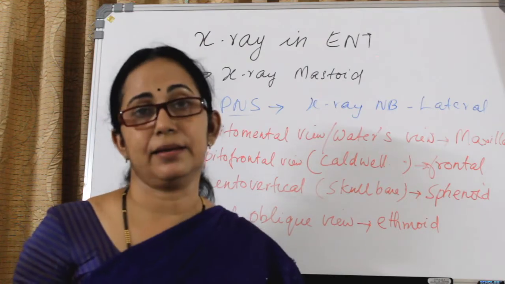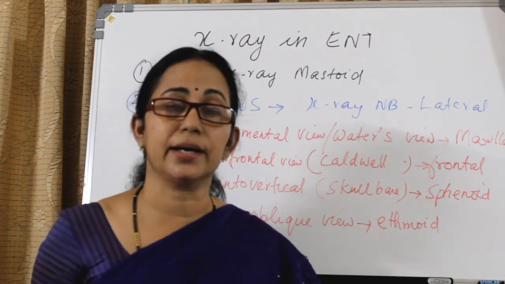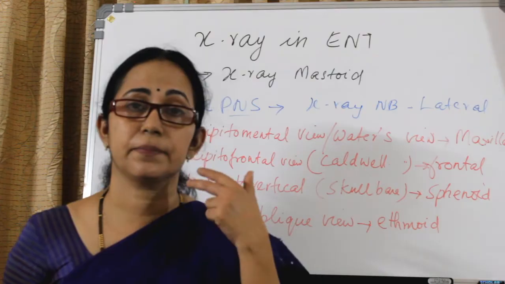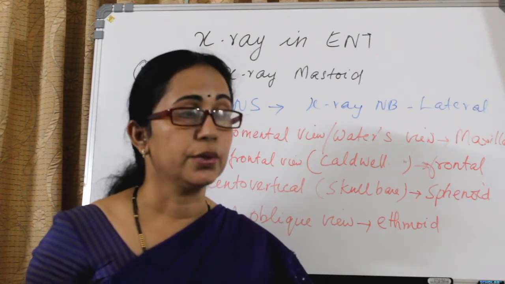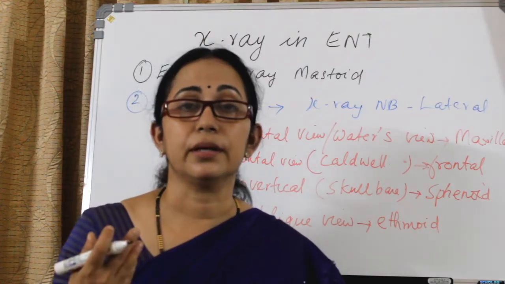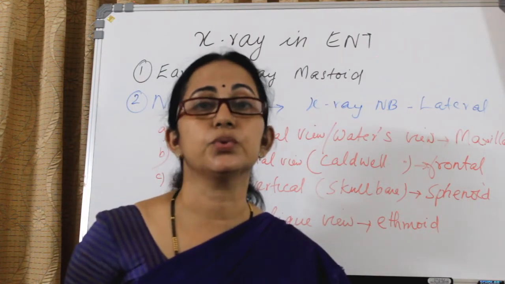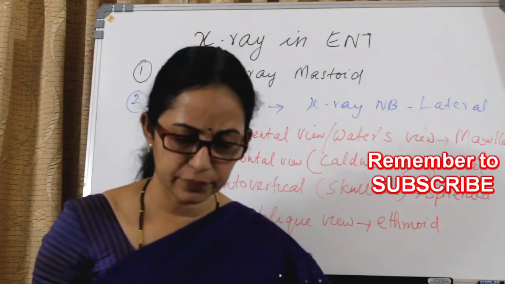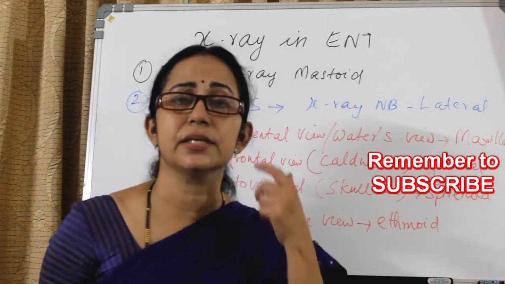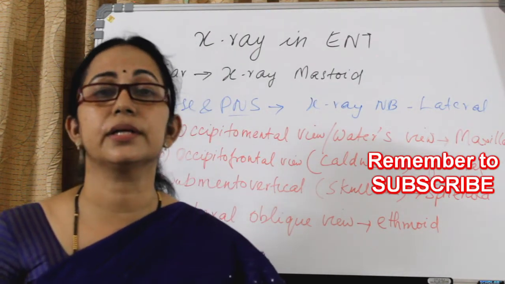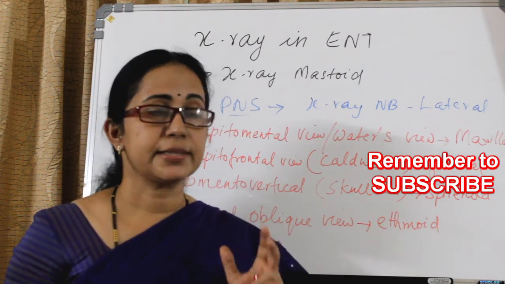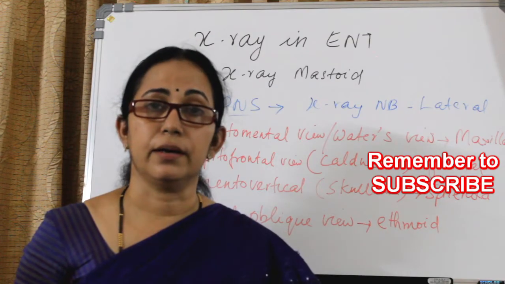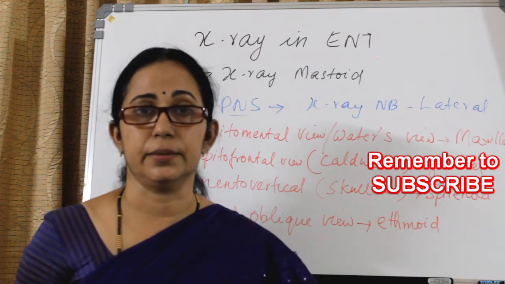If it is less than the opacity of the orbit, it is usually regarded as normal, and if it is more towards high density, it can be due to tumor or mucus, or it can be due to fluid. Okay. So increased opacity means there is a fluid, or thickened mucosa, or tumors. And exact diagnosis is only after doing a thorough clinical examination.